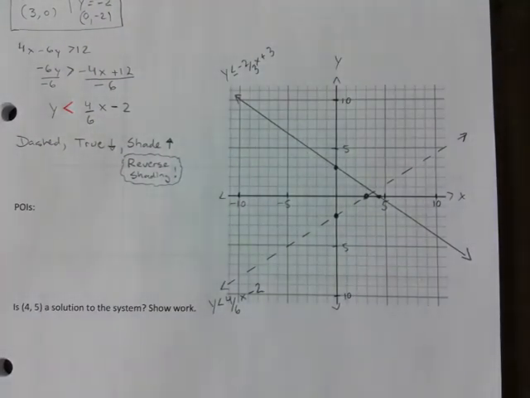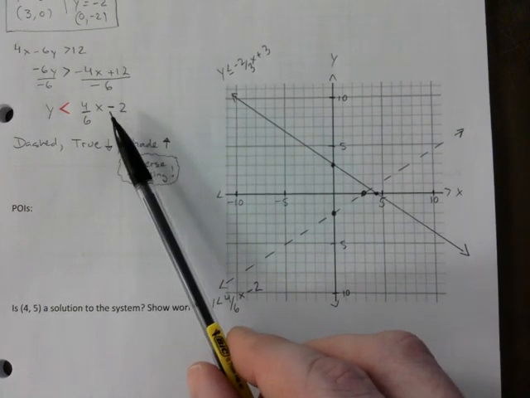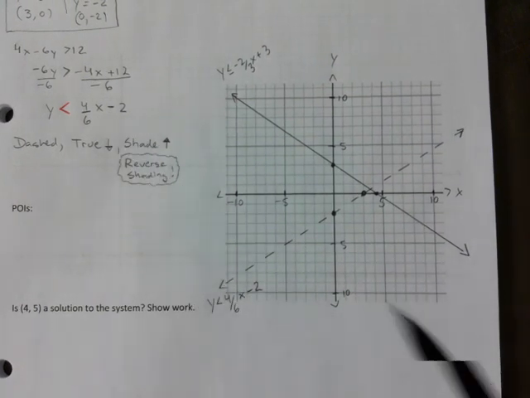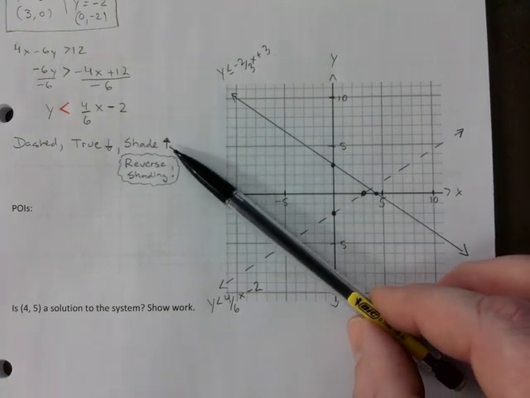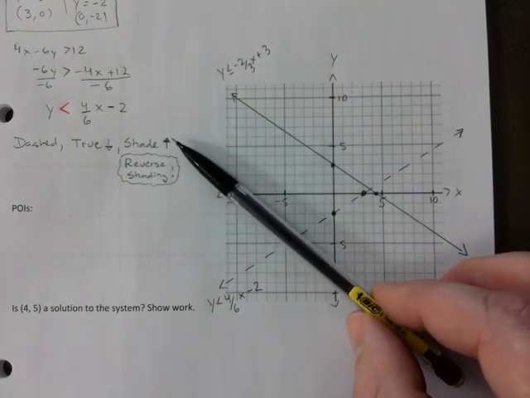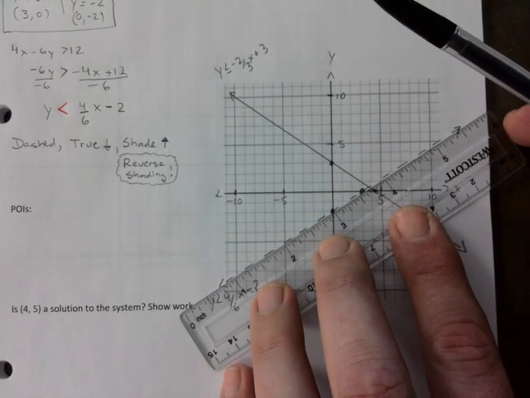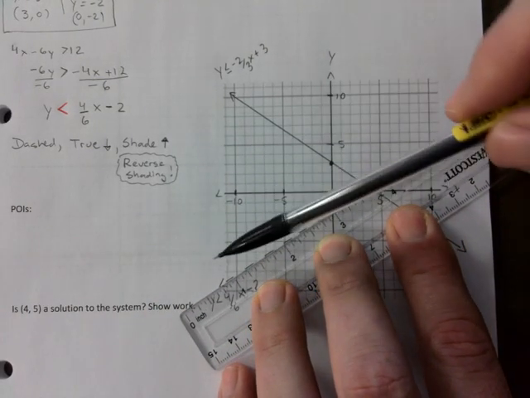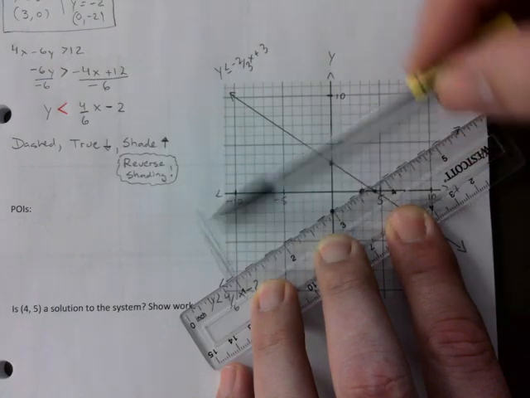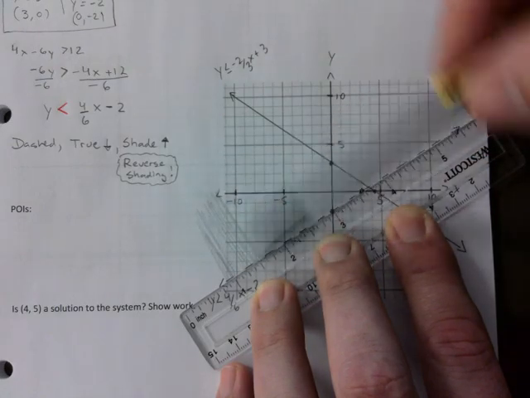So let's shade now. Okay. So I go to my first inequality, which is labeled. It's telling me to shade above, right? You read and it says shade above. So I go to put my ruler there. And what I'm really saying is, all of this, get rid of it.